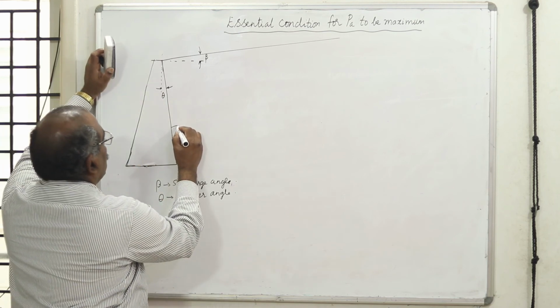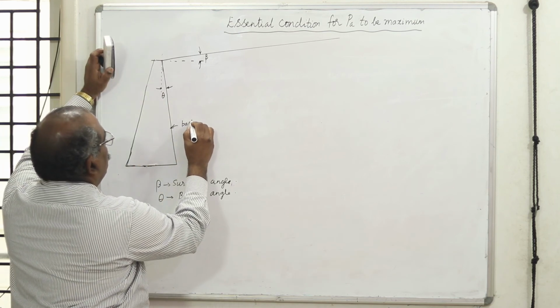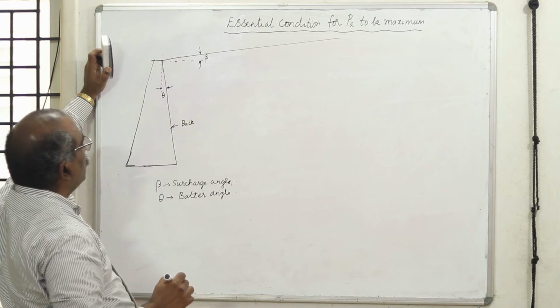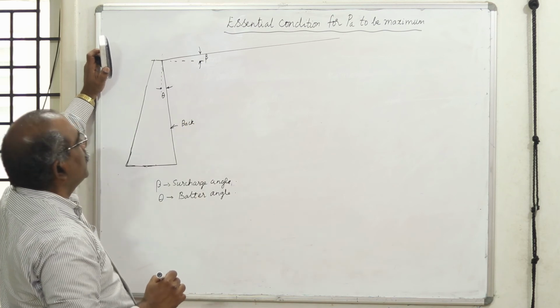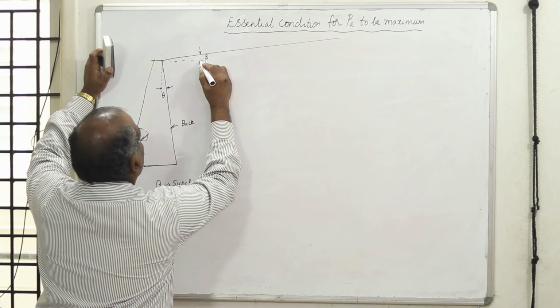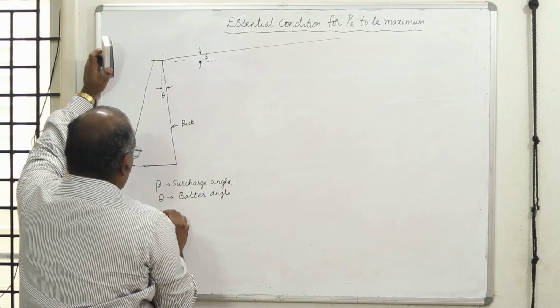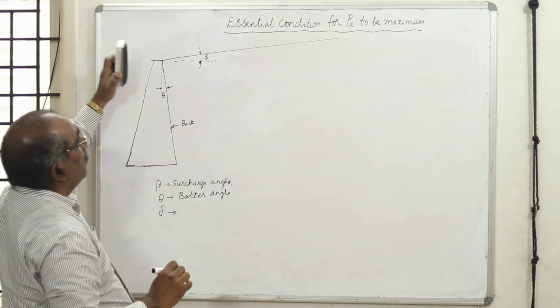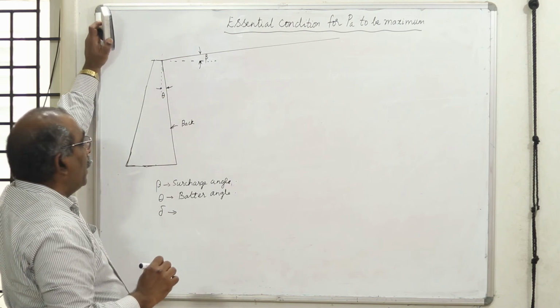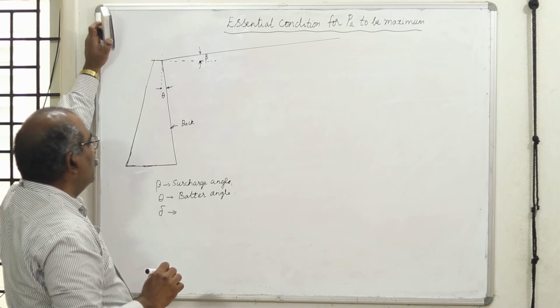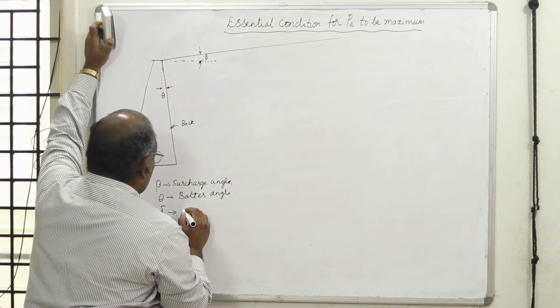This is the back of the retaining wall. It's not vertical, it's inclined. Let us take a very general case. Then, since Coulomb considered the back of the retaining wall is rough, there is a wall friction.